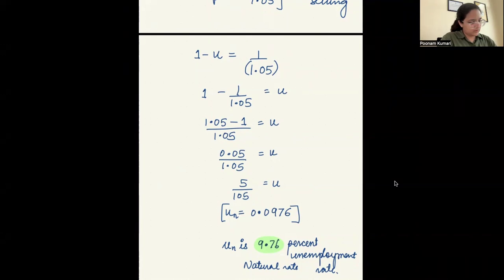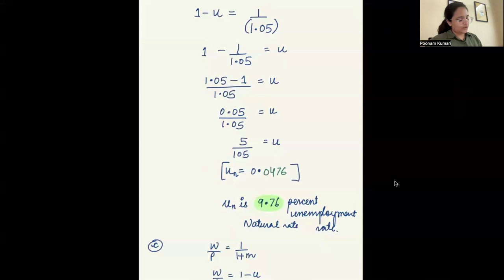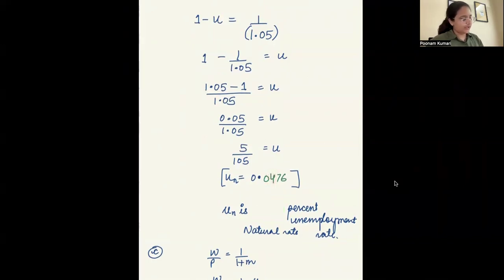Ma'am, in the first condition, I think the answer is coming different. This is not 0.976, it is 0.0476. Yes, ma'am. So instead of 476, we probably mistakenly wrote 976. No problem, mistakes happen.